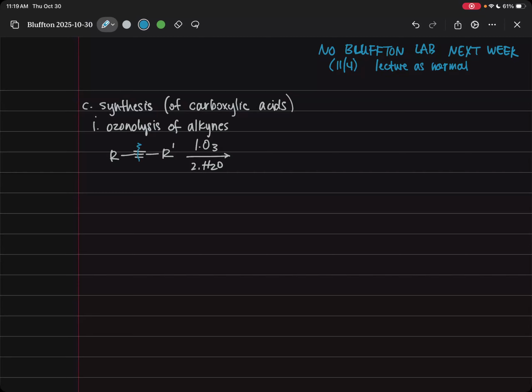So we're going to split the alkyne down the middle. And instead of replacing it with an aldehyde or a ketone, we're going to replace it with a carboxylic acid.